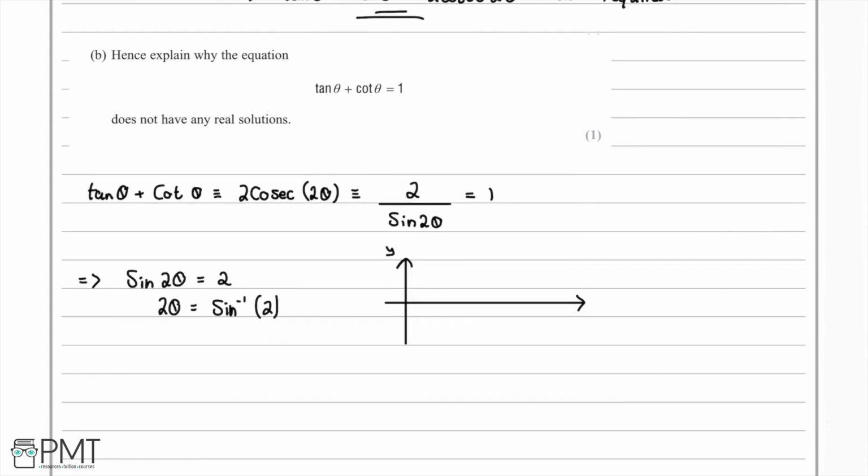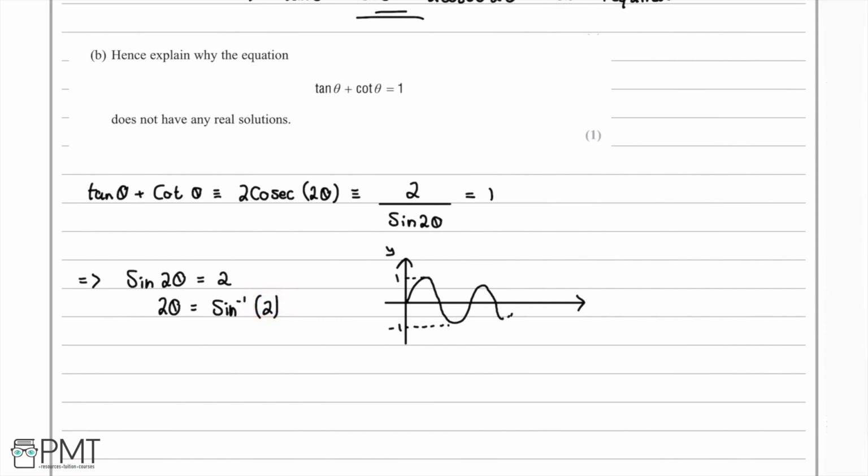So I've drawn some axes here. So let me now sketch out what sine of 2 theta may look like. So very roughly, it'll take this sort of shape. And we know that sine has a magnitude of 1 and then negative 1 on the lower y-axis. But our issue here is that 2 is greater than 1.